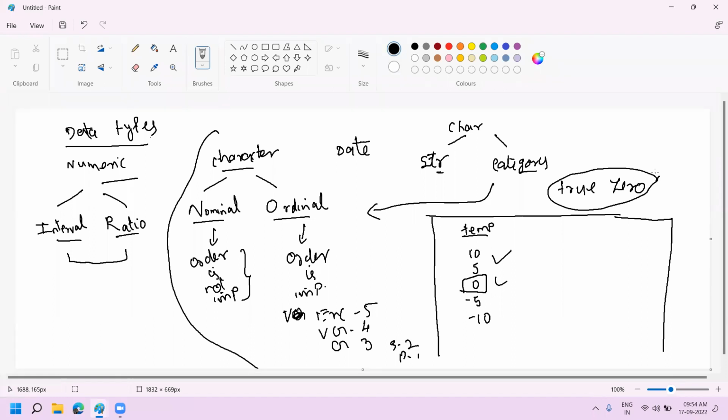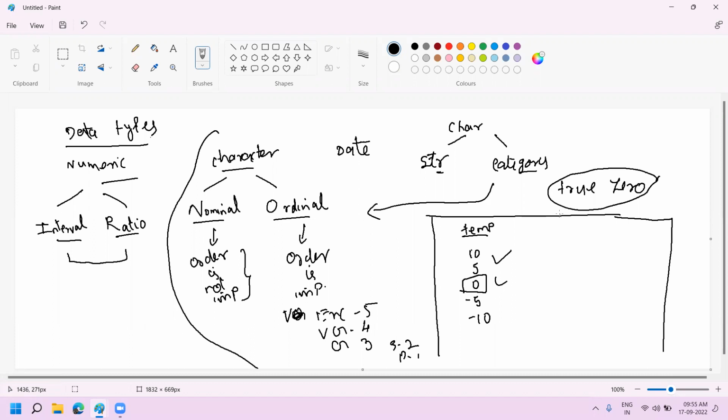Presence of temperature, isn't it? There is temperature. 0 means freezing. So temperature is there, having a value 0, which is freezing. True 0 is when there is a 0 and the entity is missing. So here 0 is there, but the entity is not missing. So this is not a true 0.